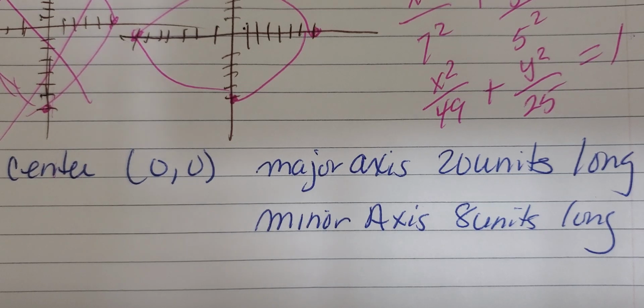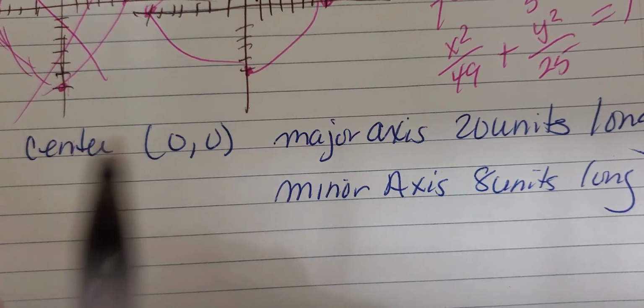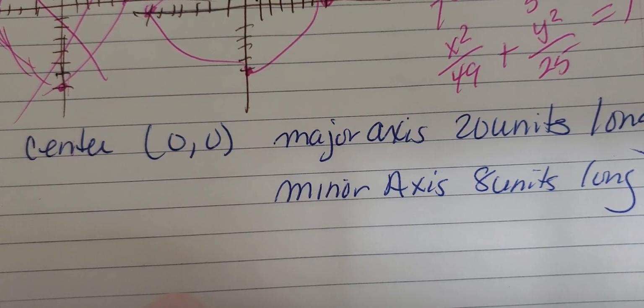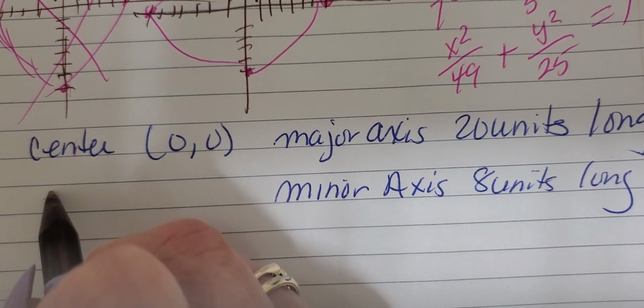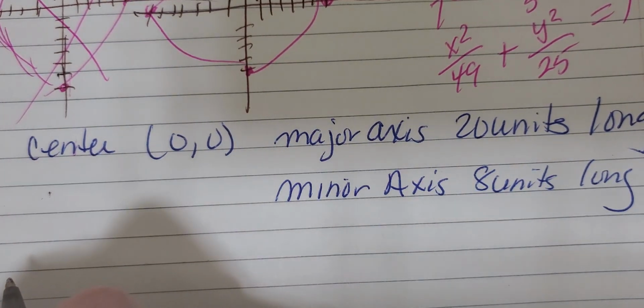Okay, what did I forget? I forgot to give you some important information on this one, because it could be either way. What did I forget to tell you? Oh, I should probably tell you the foci points. Would that help? Hang on. I left out a major part, because you don't know if it's vertical or horizontal.